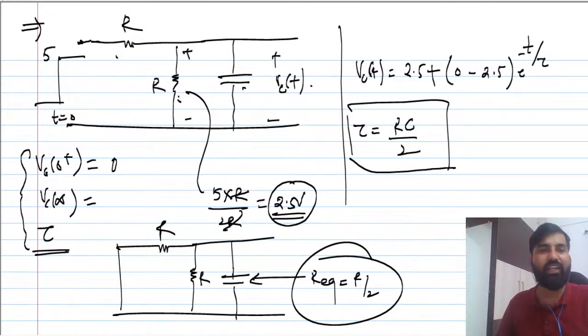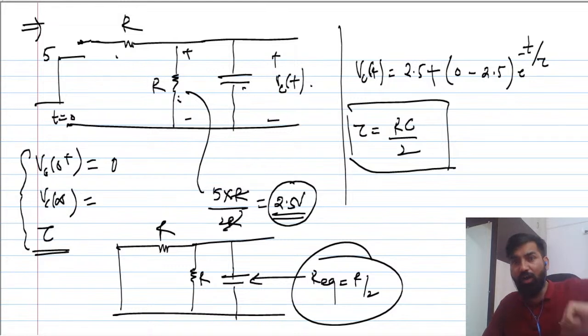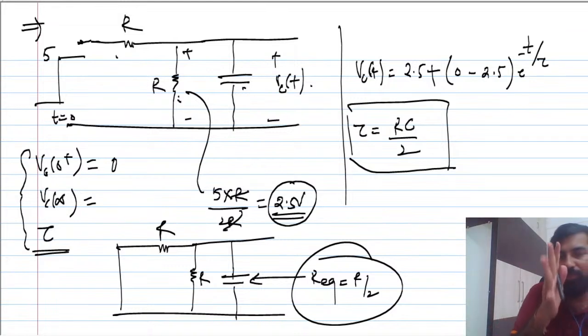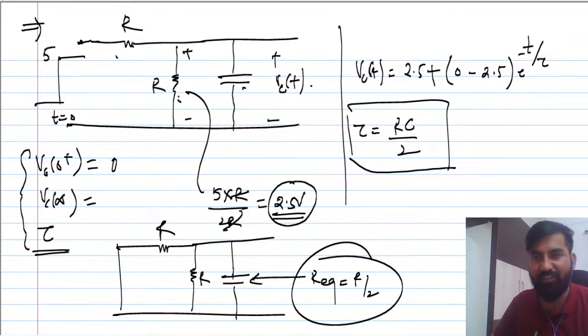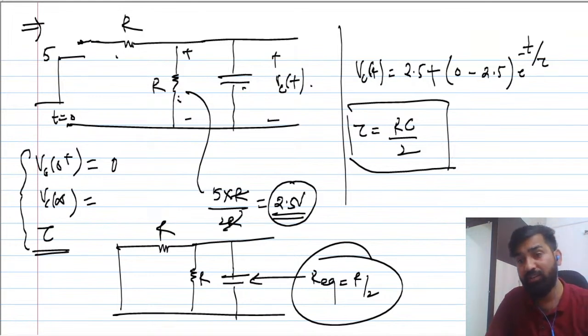RC by 2, perfect. In front of the capacitor, we have connected this voltage divider. So can this change your initial rate of the capacitor? Will the initial rate be changed or same?